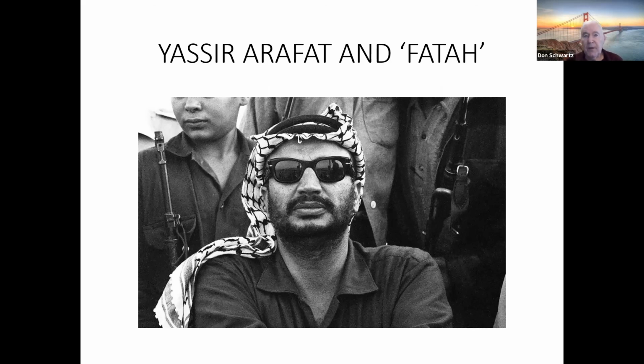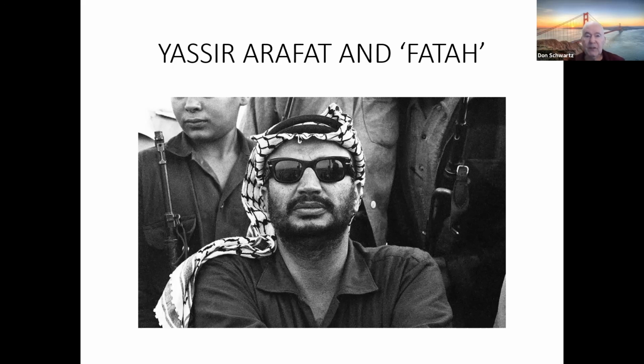Whereas Egypt and other Arab states told Palestinians to look to Arab countries to solve their problems, Fatah argued that only Palestinians could solve their problems, and that the only way to achieve a Palestinian state was through armed conflict. And so, by the mid-1960s, Fatah had launched at least 100 attacks into Israel.